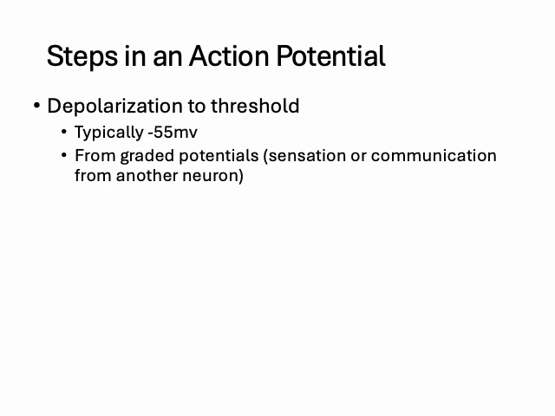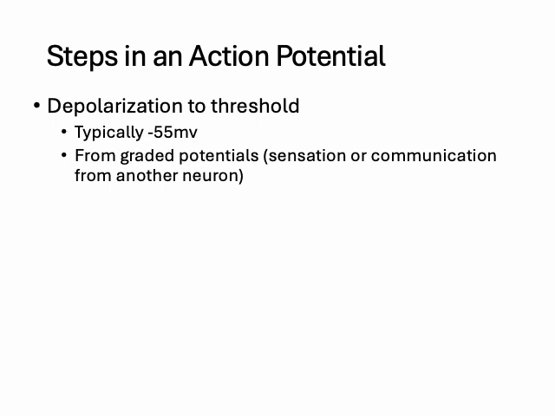So we actually have to get a graded potential that is strong enough to trickle from the dendrites through the cell body to the top of the axon hillock. This requires up to minus 55 millivolts of positive stimulus. So we basically need about 15 millivolts of excitatory, positively charged ions to diffuse through the top of the neuron to get to the axon hillock.